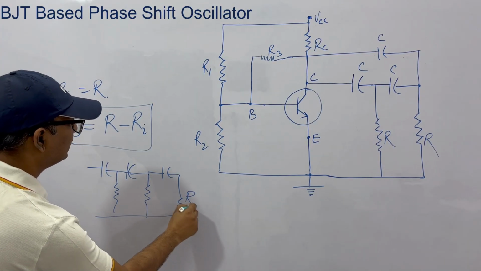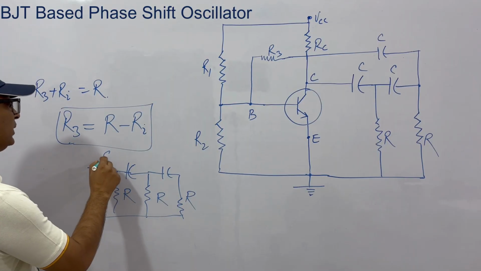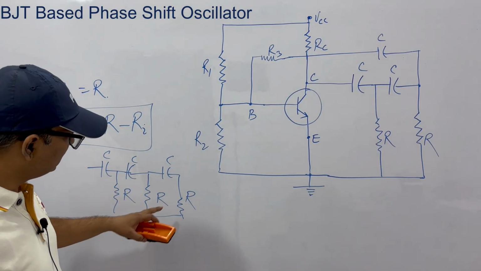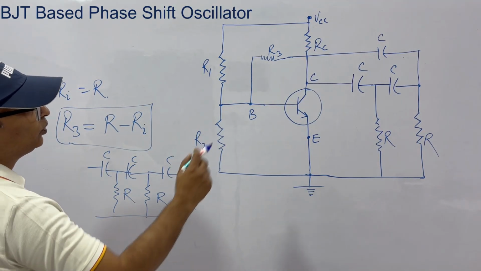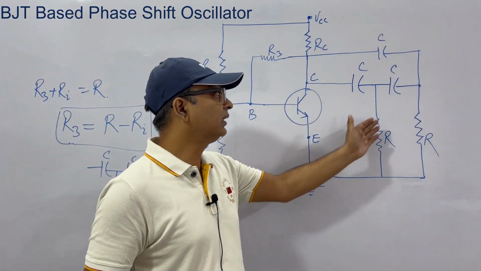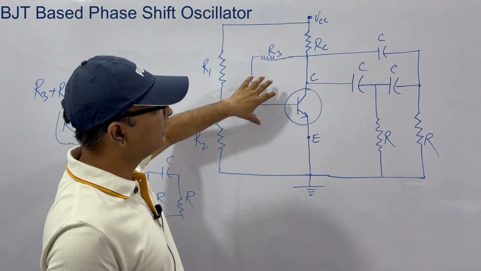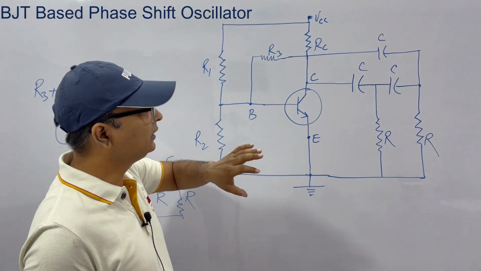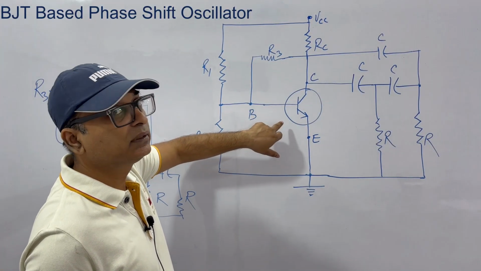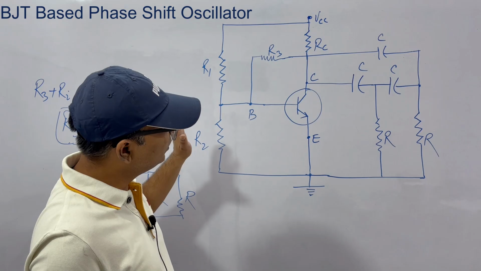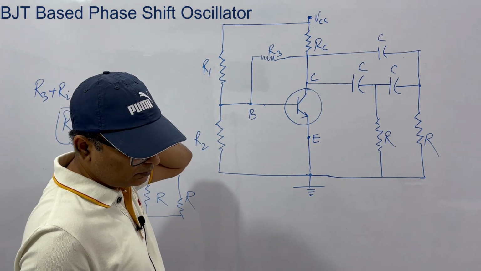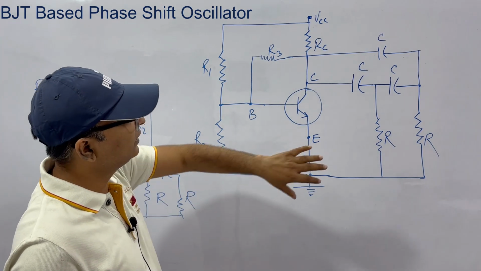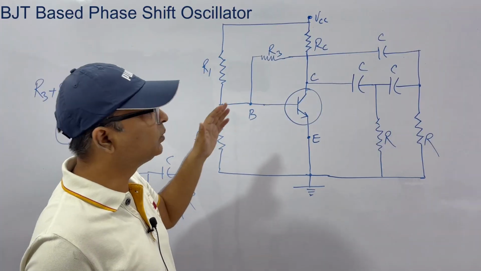Okay, so try to understand this properly. We have to get this CR network only. So what we do, we have C and R, C and R. What happens in a BJT amplifier in this CE mode is that the input resistance is low. So if you put a series feedback network in voltage series mode, what will happen?